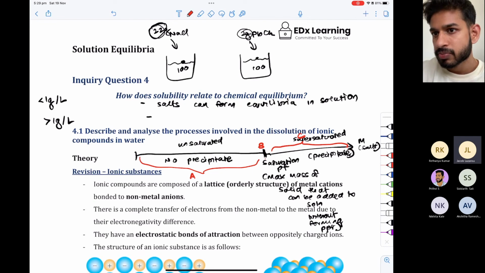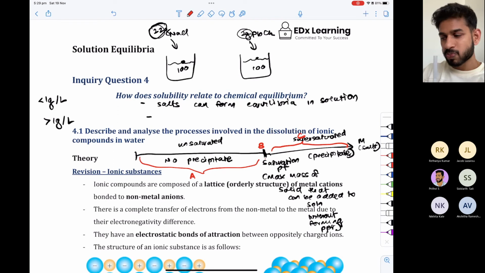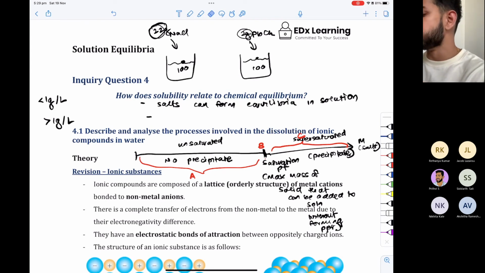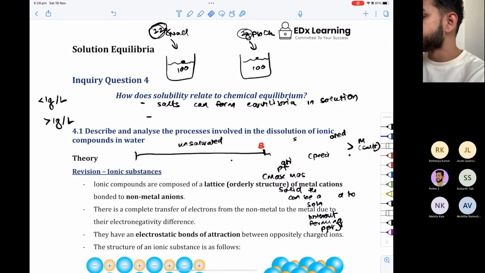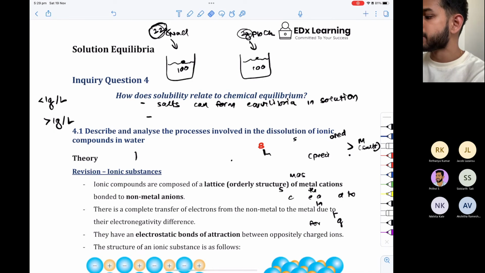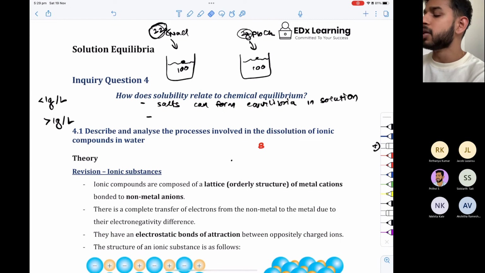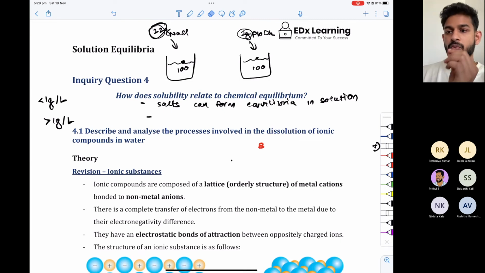Well, where a precipitate forms would be C, I guess. Nikita? B and C. The answer is B. Okay, so salts form an equilibria when they're saturated.